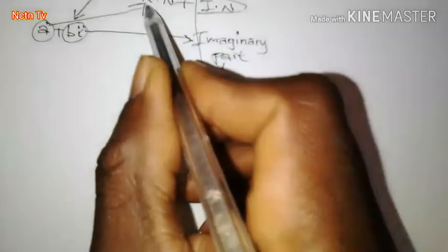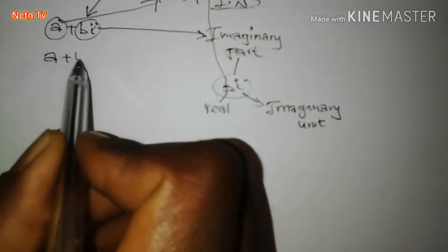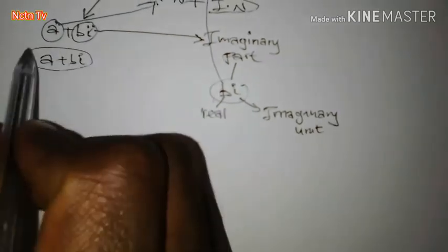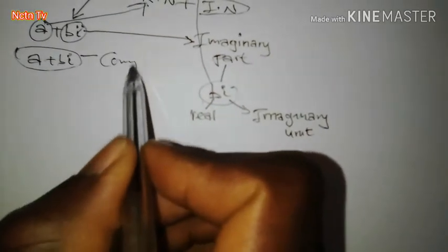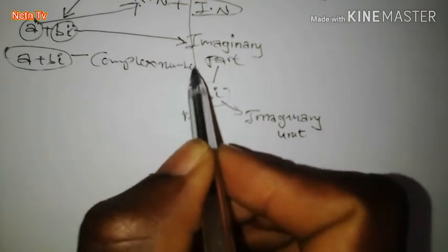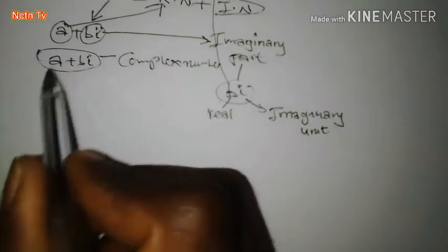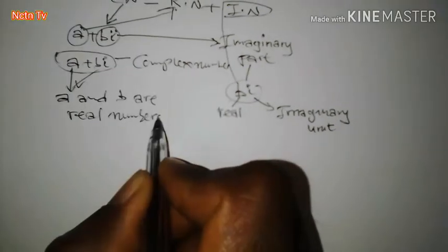Then when we put an imaginary part and a real number together, we have the form a plus bi, which qualifies to be called a complex number. In this complex number, a and b are real numbers.